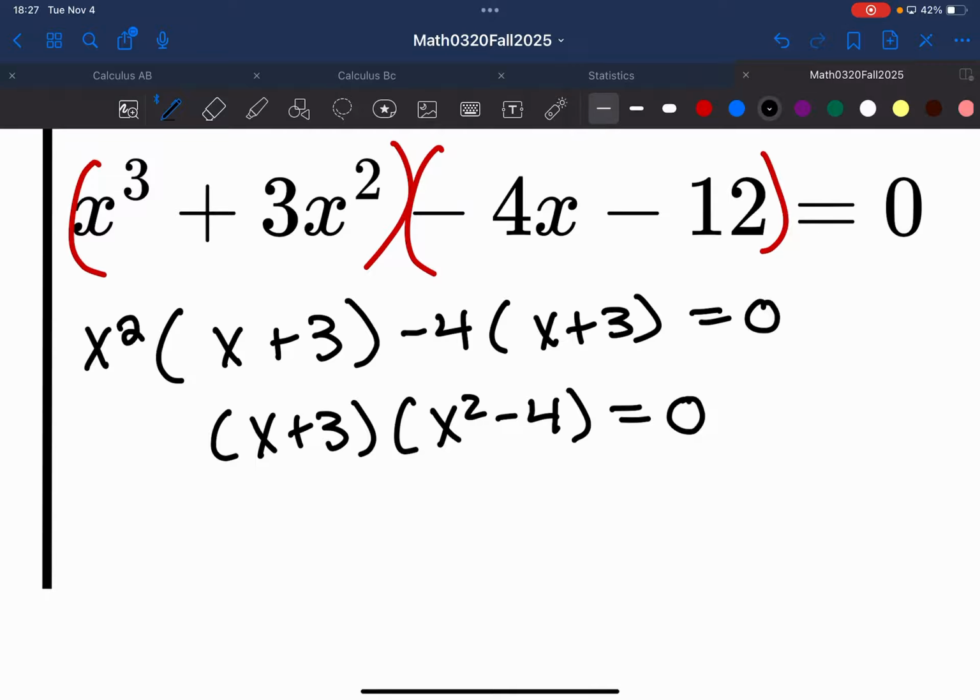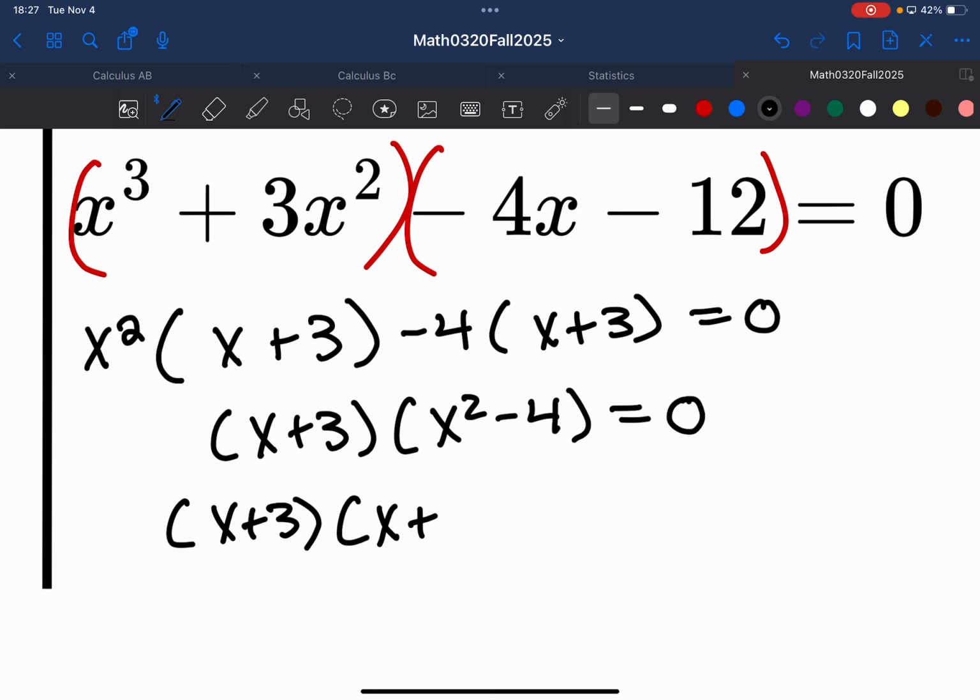And then use the perfect square for the x squared minus 4. Good, we have to simplify further using perfect squares on x squared minus 4. That tells us we're taking the square root of each. Let's see if we could do this one in our head. We bring down the x plus 3. What would be the next parenthesis?